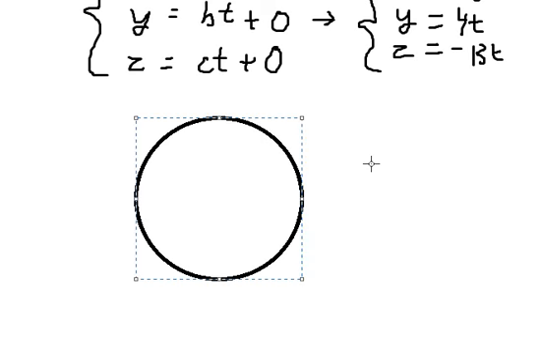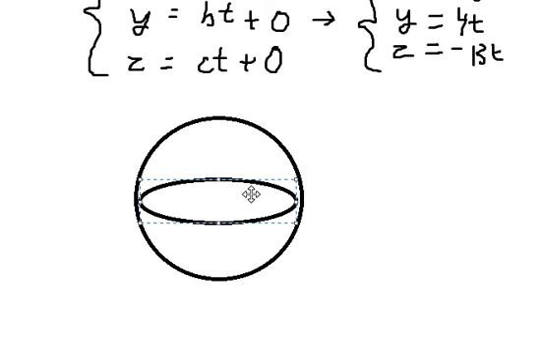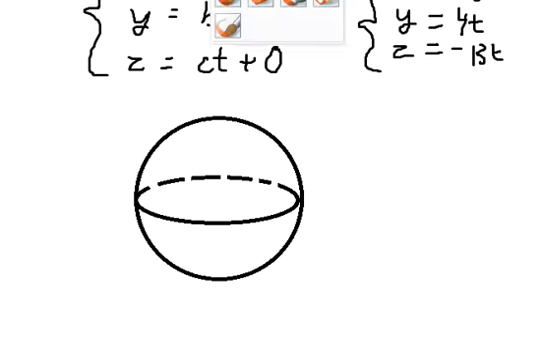Now I will draw the diagram in here. This is the sphere. The center is in here, that is C, and A is somewhere in here.